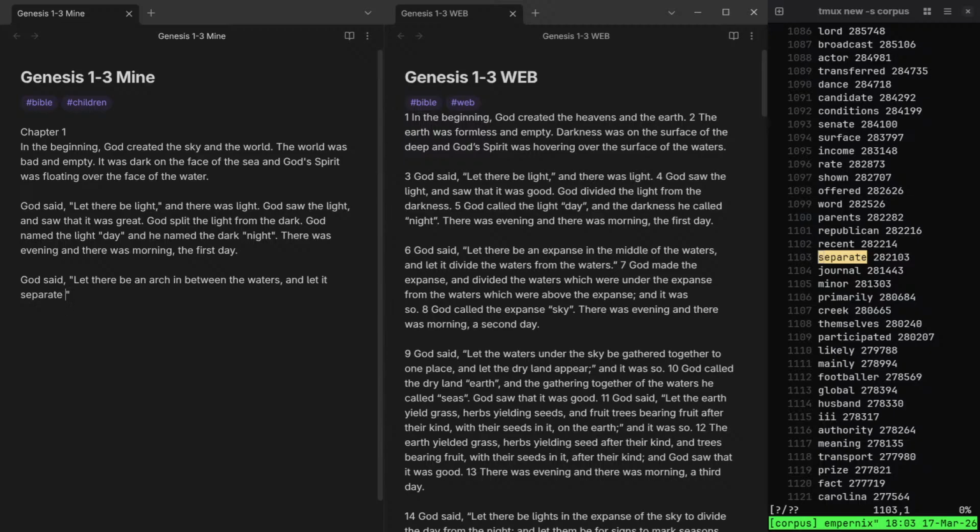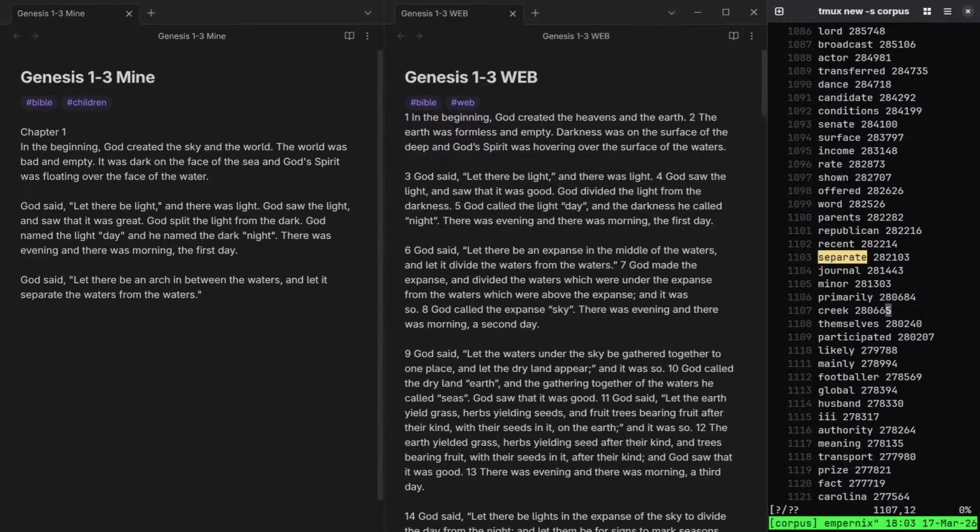And let it separate the waters from the waters. I don't even understand that. Like, to this day, I don't understand this phrase. Like, I get it, but I don't get it. Okay, that is a plural there. I'm not going to question it. We're just going to leave it.